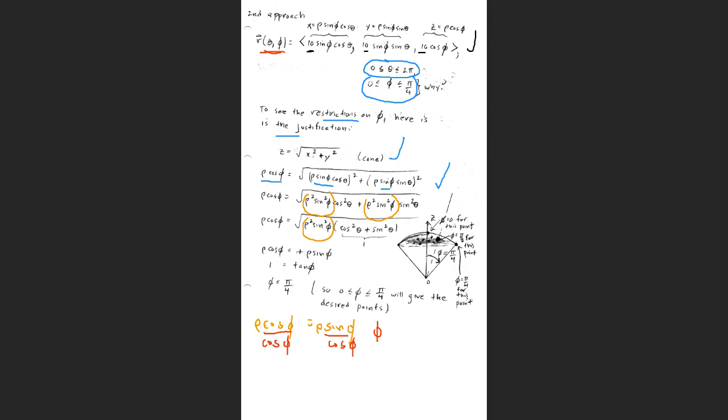I'll note here, phi is not going to equal pi over 2. And the rhos simplify out. So I'll divide by rho cosine phi. And so I'm going to get 1 equals tangent of phi. And so phi is pi over 4.